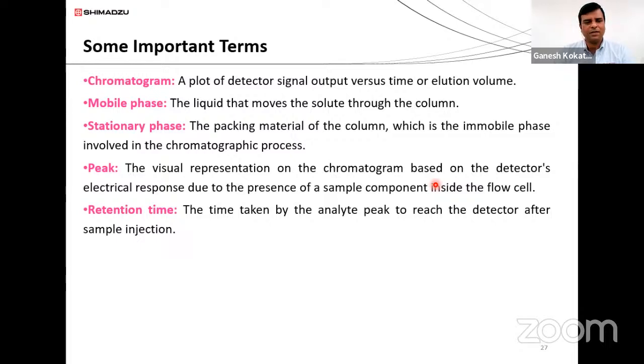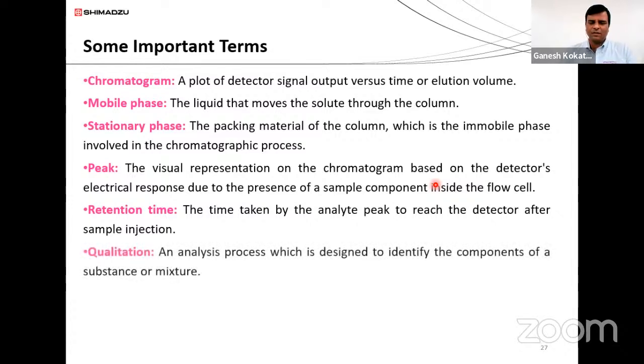How much time that component is retained on the column is the retention time, and it depends on its polarity. We will come to how polarity defines how to select the mobile phase and the column in coming slides.